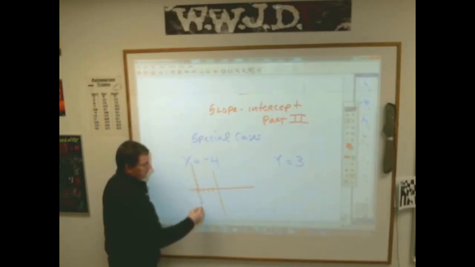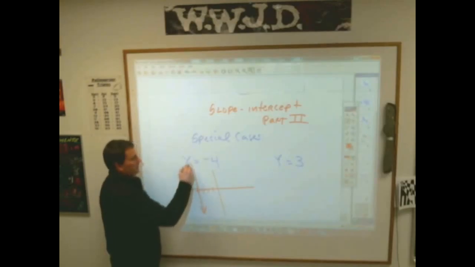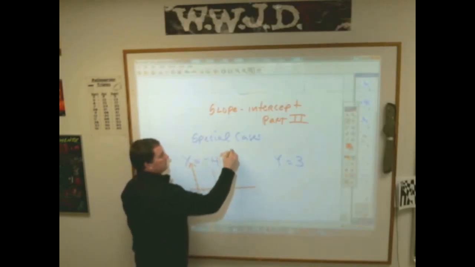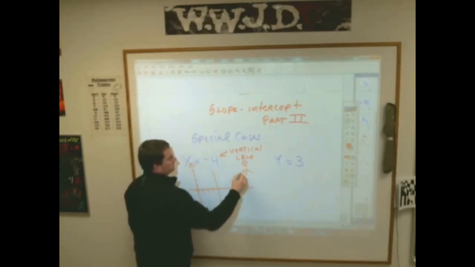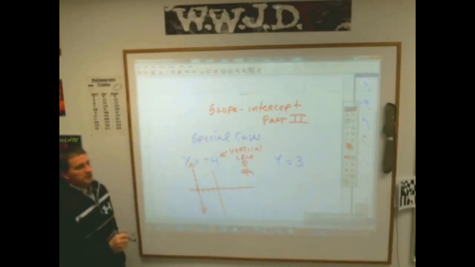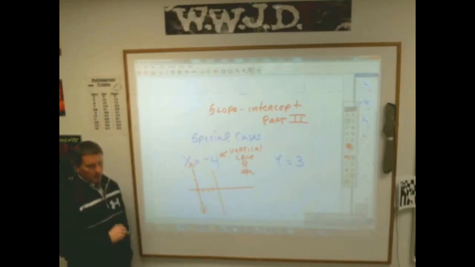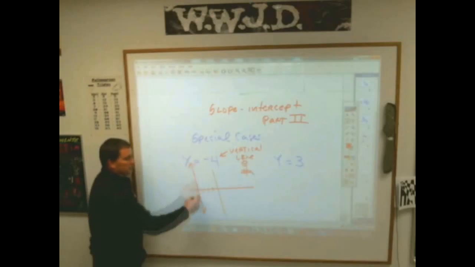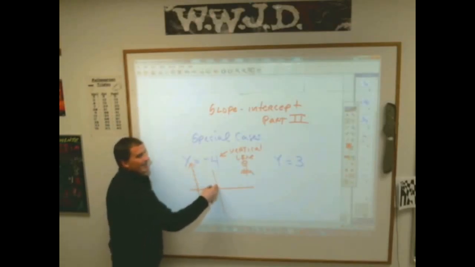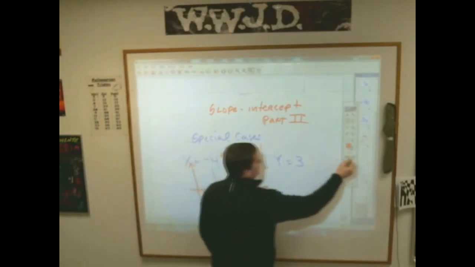X is -4. The graph of that line is a vertical line at that number. Anytime you see the letter x by itself equaling a number, it's always going to be a straight up and down line at that number. Another example would be this.